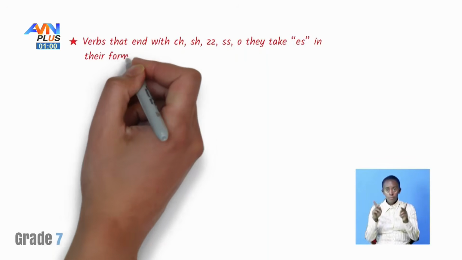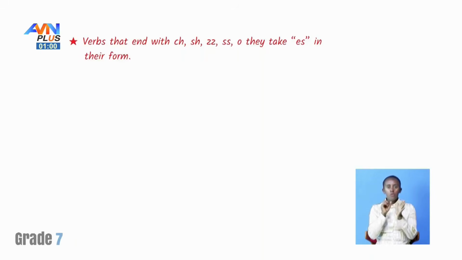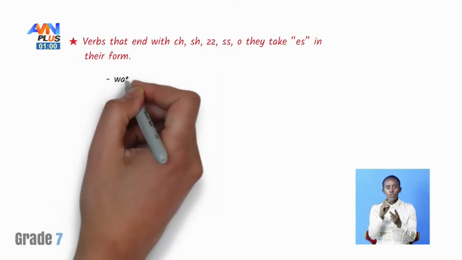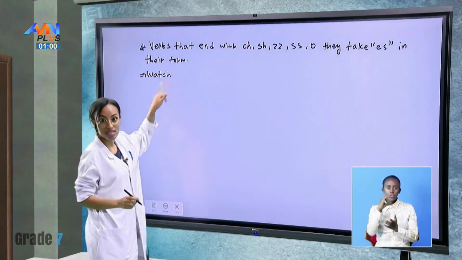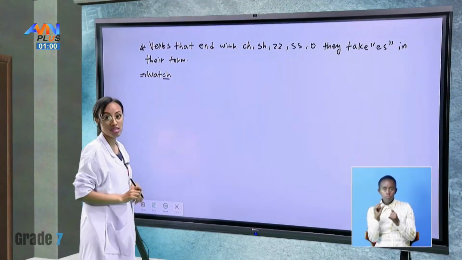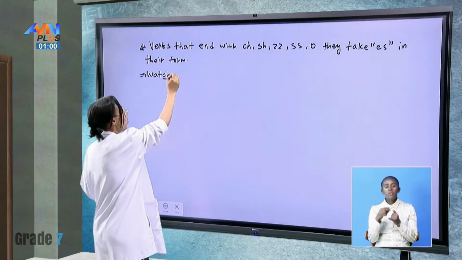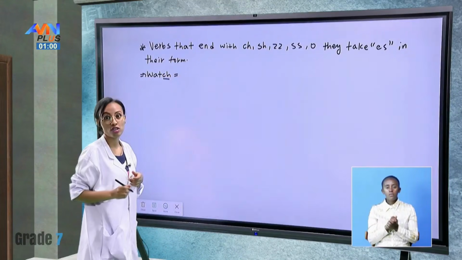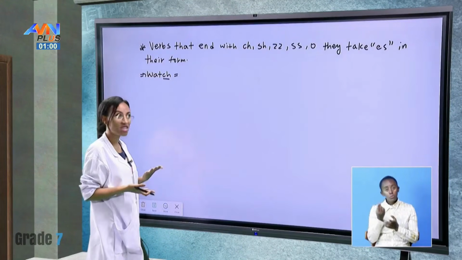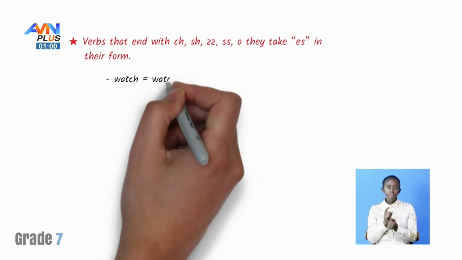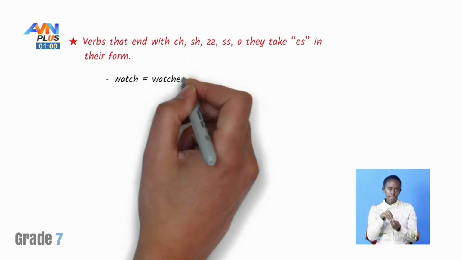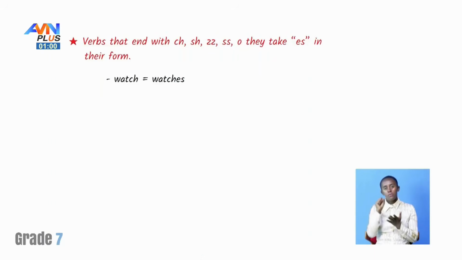Okay? For example, watch. We have CH. It ends with CH. If that is the case, when we use it in a sentence, we change it to watches. If it is he, she, or it, we use this, okay?